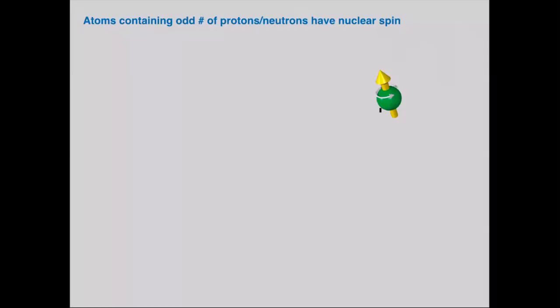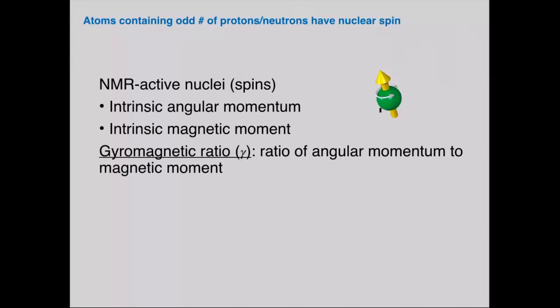It's the combination of this angular momentum and this intrinsic magnetic moment which enables the NMR phenomenon. And so there's this constant called the gyromagnetic ratio, which is the ratio of angular momentum to magnetic moment, and that differs in different nuclei.